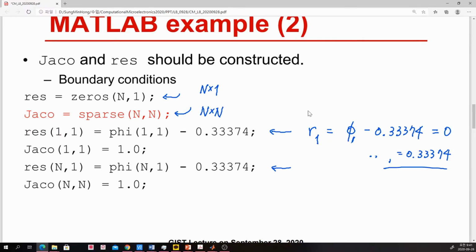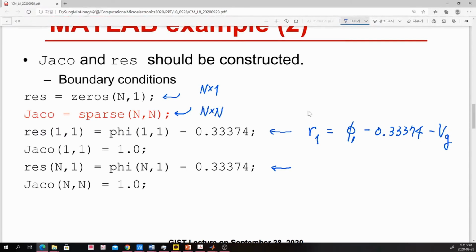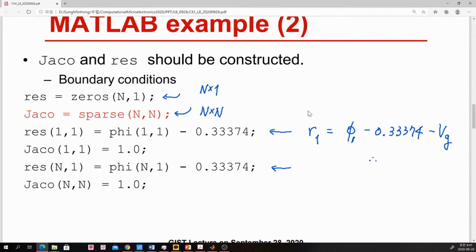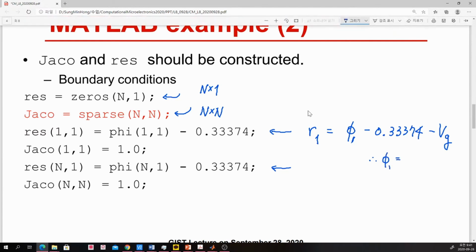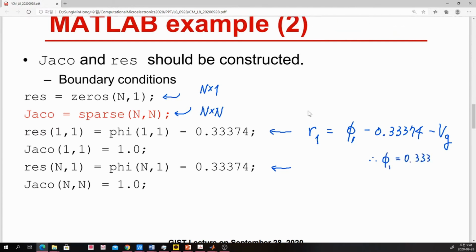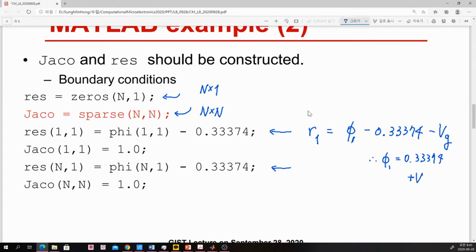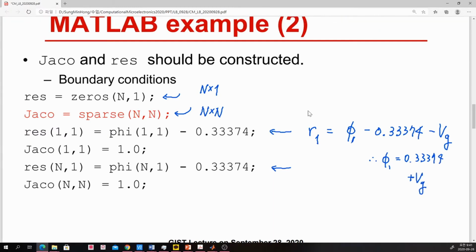In this case, instead of this specific number corresponding to the zero gate voltage, we can write it in this way. Then, if we solve it, we will have phi 1 equal to 0.33 plus the applied gate voltage. That is a more generalized way to apply the boundary condition.